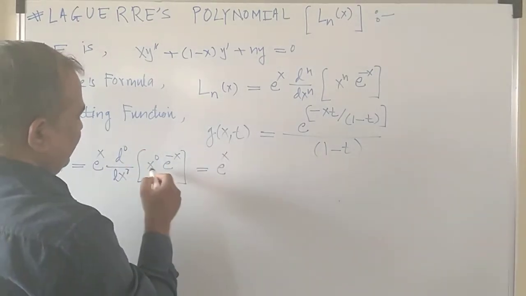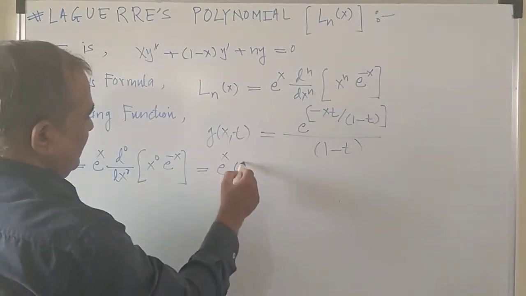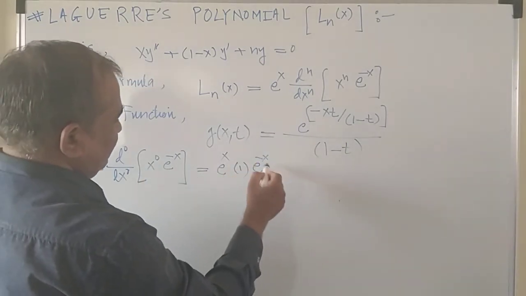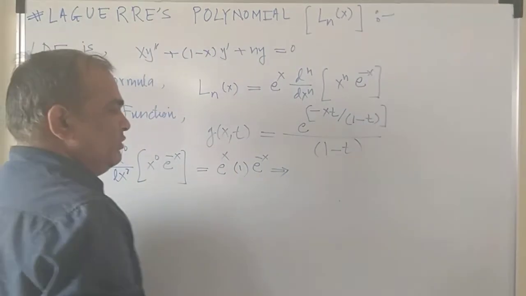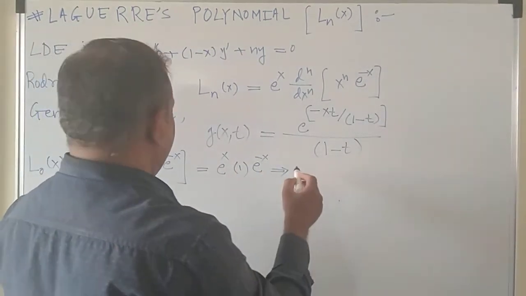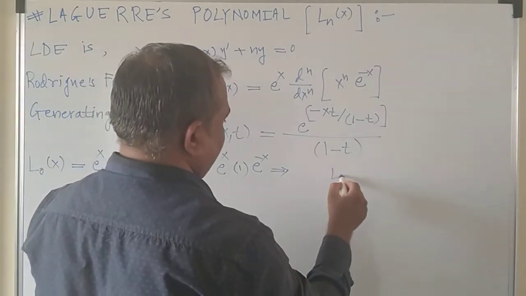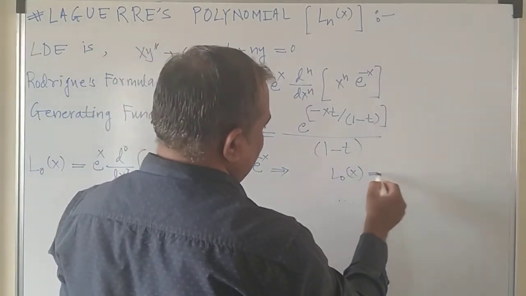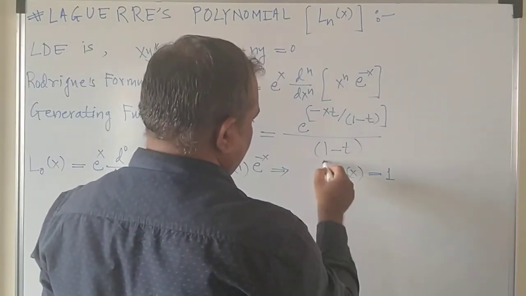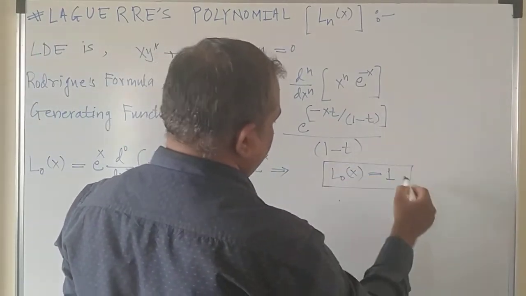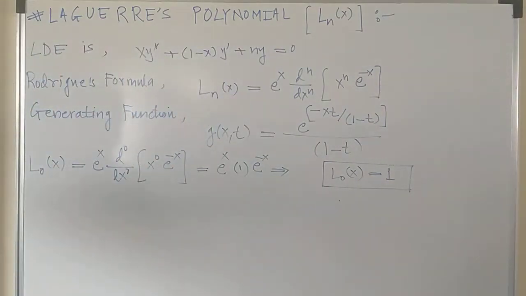So e raised to x into 1 into e raised to minus x gives e raised to 0, and that means the first Laguerre polynomial L naught of x equals 1.